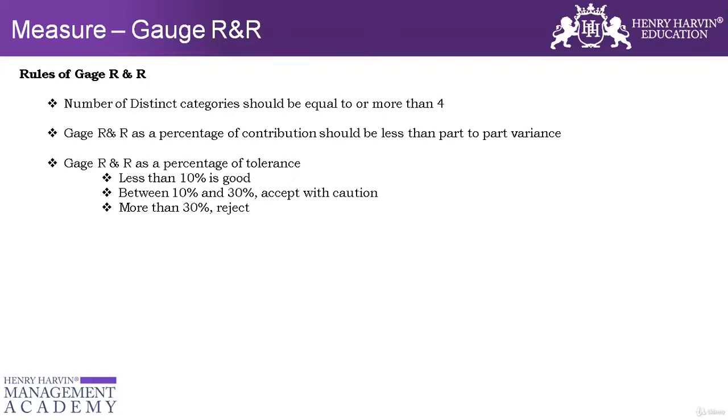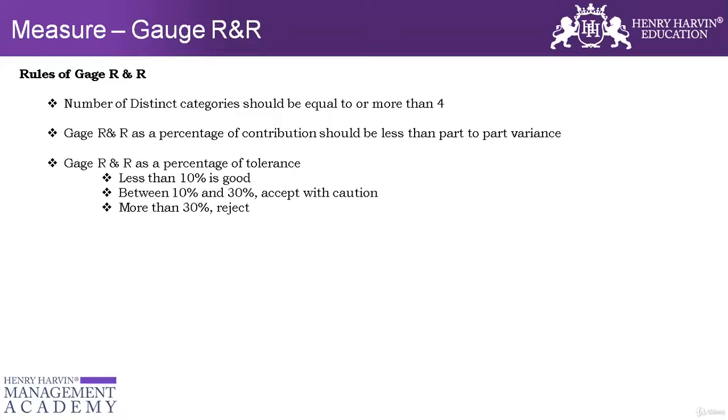Second condition says the percentage contribution should be less than part to part variation. What is part to part? Part to part means transaction by transaction, which means my total variance, percentage contribution variance, should be less than part to part variation.